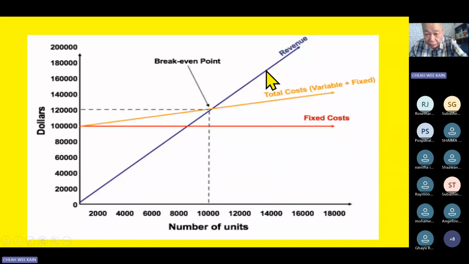If you're selling here, this is your sales in dollars, and this is your cost in dollars. So if you're selling here, this triangle is your profit.